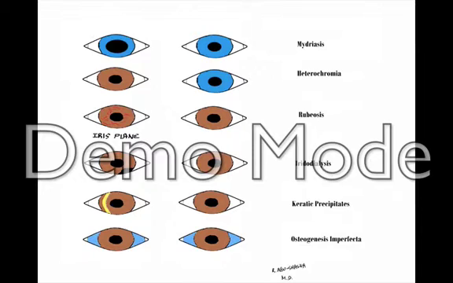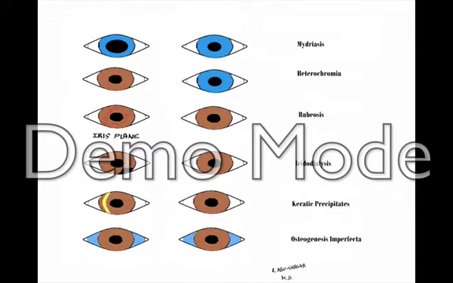The image on the top in this slide depicts mydriasis. This can be pharmacologically induced, or it can be physiologic. It can also be seen in other diseases like Adie's tonic pupil.